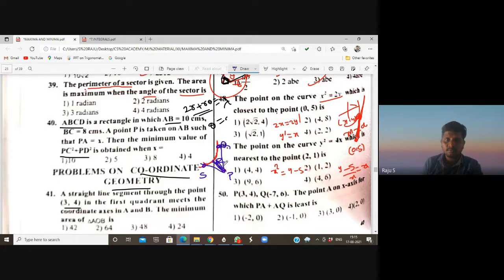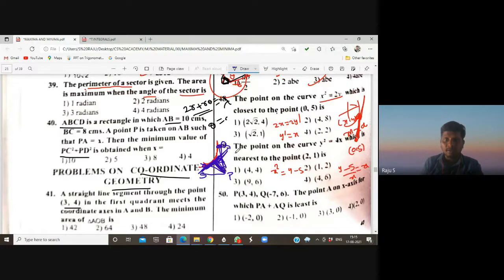Nearest: R or Q or S? Yes, the nearest point is given by the perpendicular distance. Whenever I take the tangent slope, this slope will be perpendicular to each other.